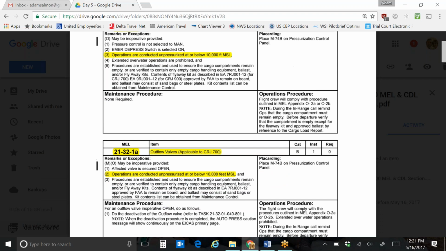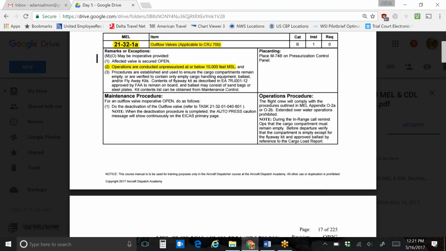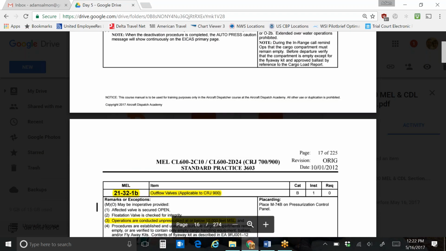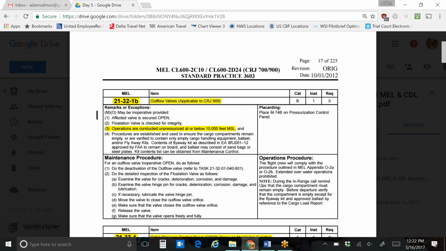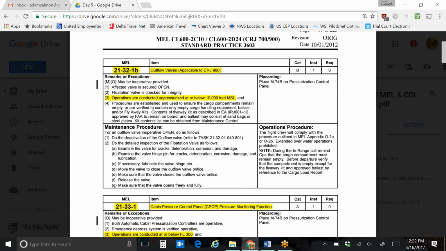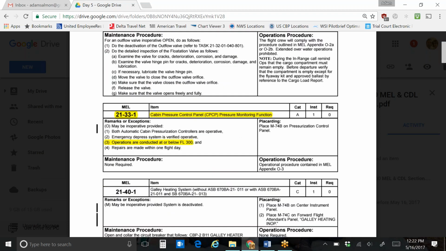These first ones here that are highlighted are all pretty similar, and you're going to find that a lot of these are similar. This one I should not have highlighted because it's for the 900, so disregard. If it says 900 and it's highlighted, that was just by accident. Just disregard it.